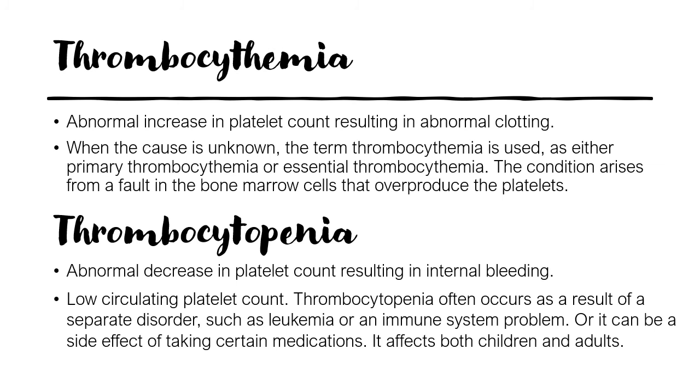When the cause is unknown, the term thrombocythemia is used, as either primary thrombocythemia or essential thrombocythemia. The condition arises from a fault in bone marrow cells that overproduce the platelets.